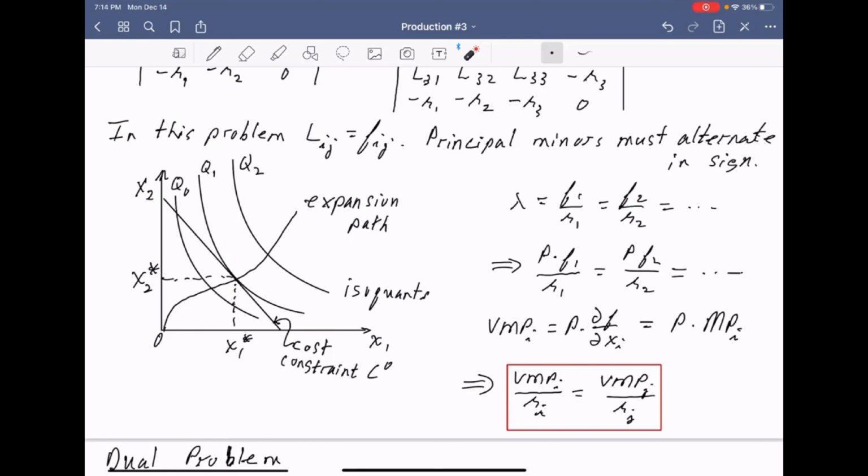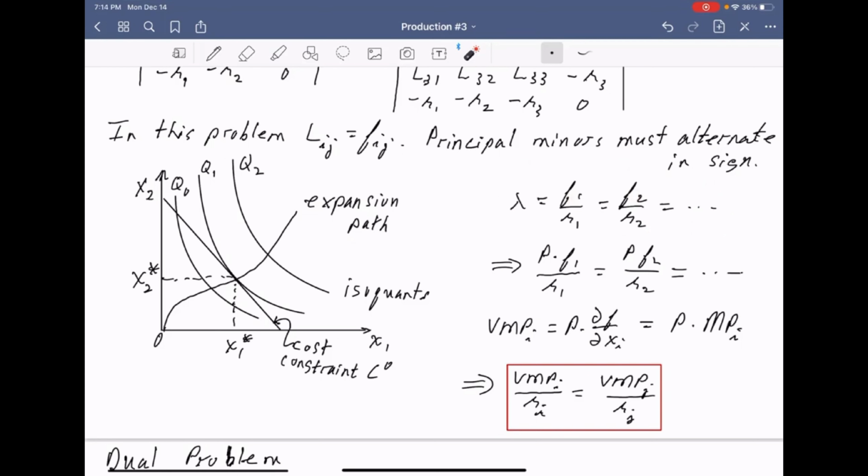And what's interesting is we can construct what's called the expansion path, and along that expansion path, we find that the value of the marginal product of i divided by the input price of i is equal to the value of the marginal product of j divided by the input price of j. And how do we get there? Well, here we're assuming just an x1 and an x2 instead of an i and a j. And what we do is we take the first order condition where we get f1 over r1 equal f2 over r2.